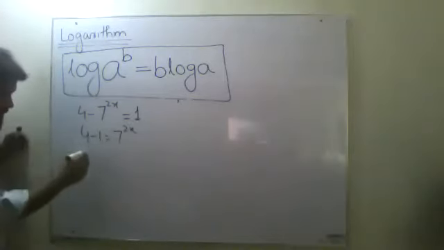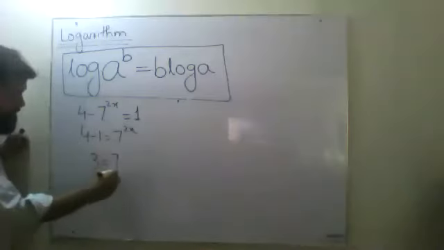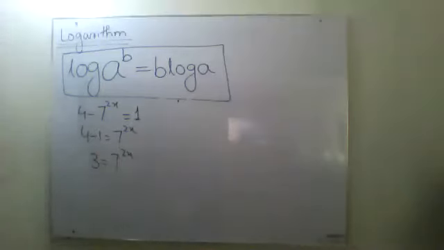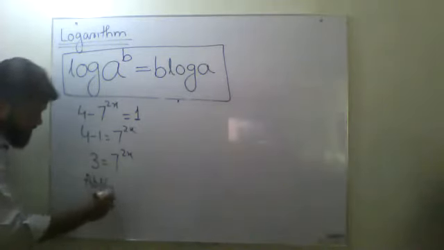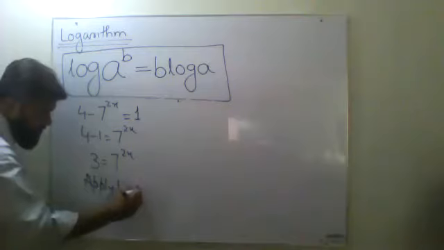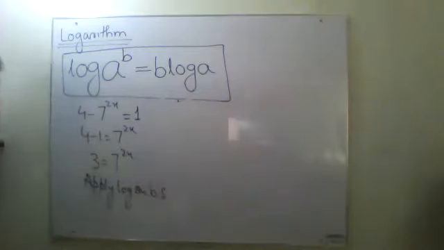So 3 equals 7 to the power 2x. Now only one base is there, only one term is there. So what we are going to do, apply log on both sides.